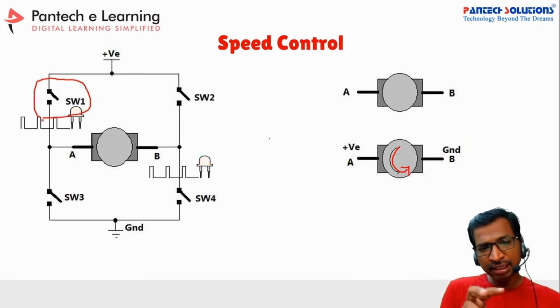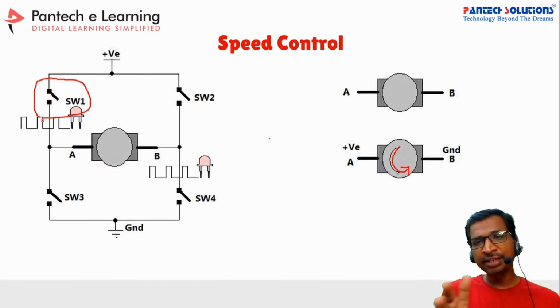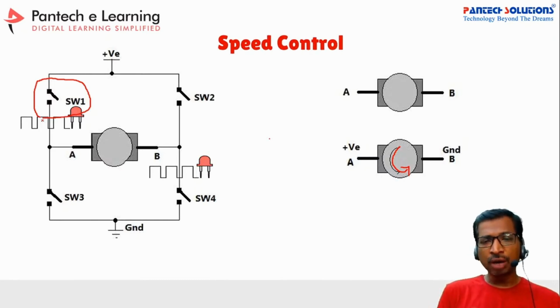If you are applying this kind of voltage to the motor, then we can vary the motor speed. So how can you generate this kind of pulses? By using the pulse generator in Matlab, you can generate the pulse width modulation.